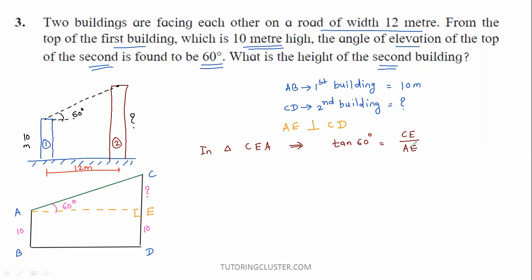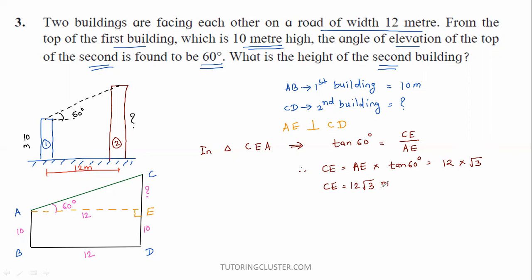Now in this case, is AE known to you? Yes. See, what is the distance between these two buildings? 12. So this is going to be 12. Therefore, we have to find out CE, which is equal to AE multiplied by tan 60 degree. What is AE? 12 into tan 60 degree, which is root 3. So 12 root 3. CE is 12 root 3 meter.